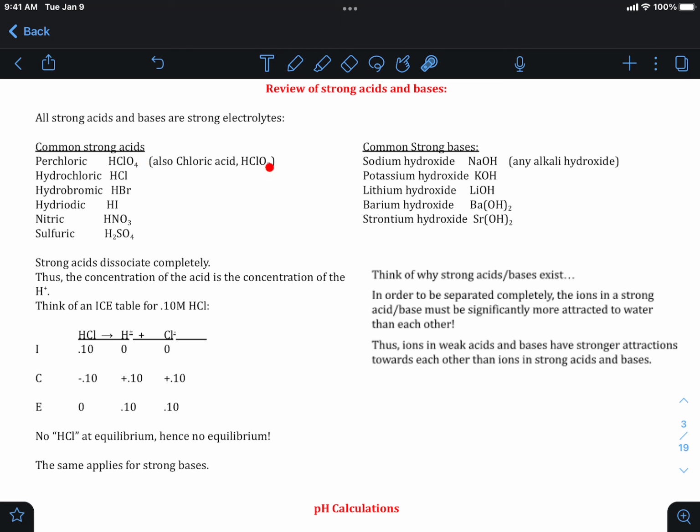Perchloric, chloric, hydrochloric, hydrobromic, hydriodic, nitric, sulfuric, right? These guys, once you mix aqueous solutions of them, they will separate 100%. Okay? In the context of what you will see, there's only 7 strong acids that you need to know. But what if the acid does not separate completely?